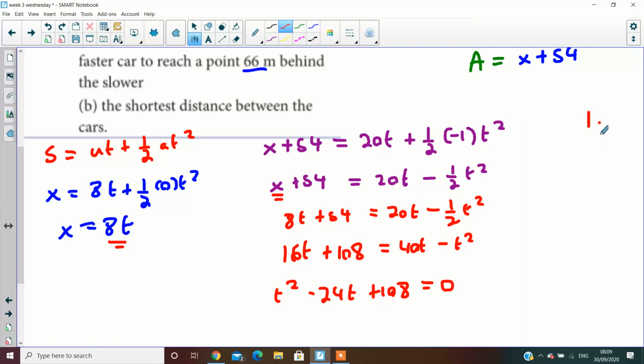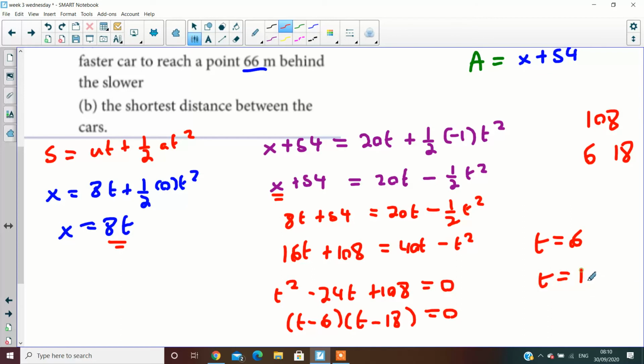Factors of 108 are, I think 6 and 18 will do the trick nicely. So (t minus 6)(t minus 18) equal to 0. t equals 6 or t equals 18. That cue you guys?